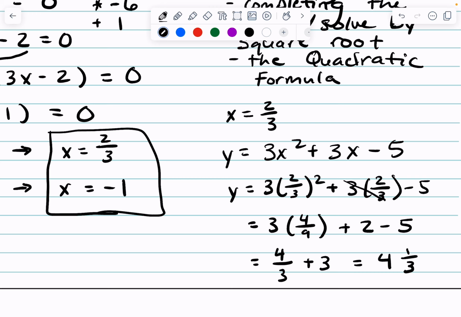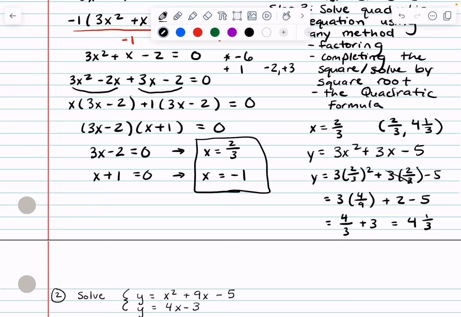So my first solution would be 2/3 and 4 and 1/3. That would be my first solution. My second solution would be if I plugged in x is equal to -1. So I'm going to go ahead and box my first solution.